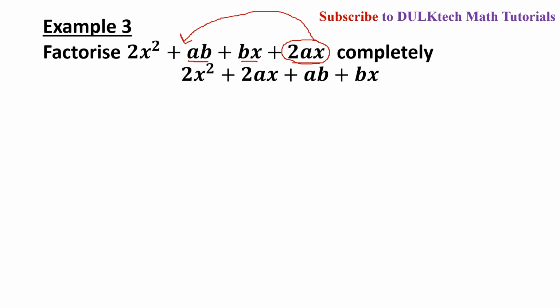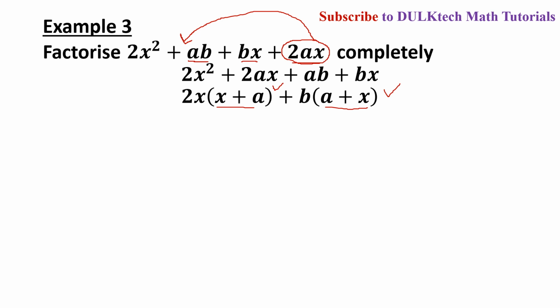So if we take out b, we remain with a plus x, like this. And what is in the brackets here is exactly the same as what is in the brackets here. If we write x plus a, this is exactly the same as a plus x, because addition of algebraic terms is commutative. So we can reverse the order. X plus a is the same as a plus x, right? So this one is exactly the same as this one.